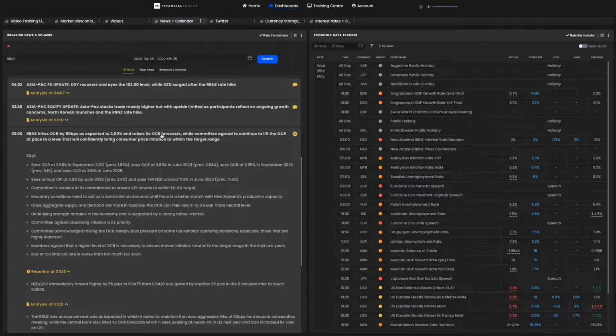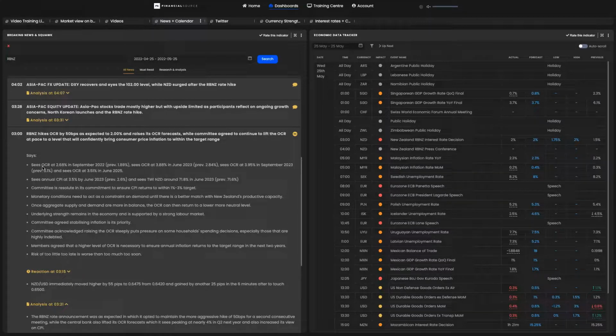It raises its OCR forecasts. Now, the OCR forecast is its official cash rate forecast. That's when the central bank looks into the future and tries to, remember what I said, a central bank wants to have smooth currency exchange rates. So it tells the market what it envisages its intentions in the future, and its intentions have changed.